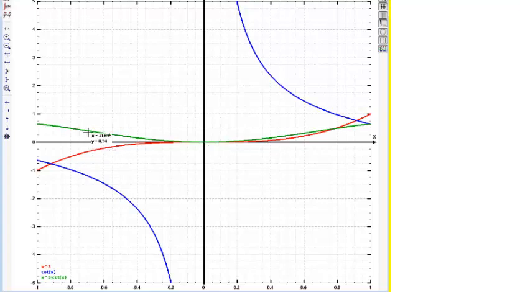These are both negative, so the product is positive. And what's happening is that x cubed gets smaller more quickly than the cotangent gets bigger. And so we end up going to 0. If it was otherwise, if the cotangent went to infinity more quickly than the red curve went to 0, then we'd probably go to infinity instead of 0. So that's how that works.